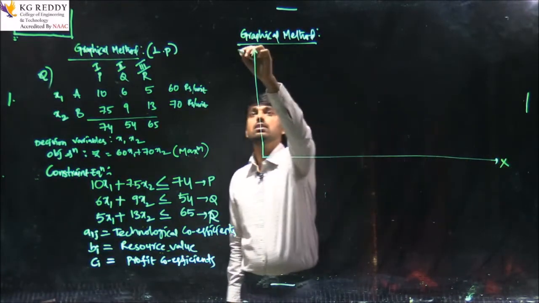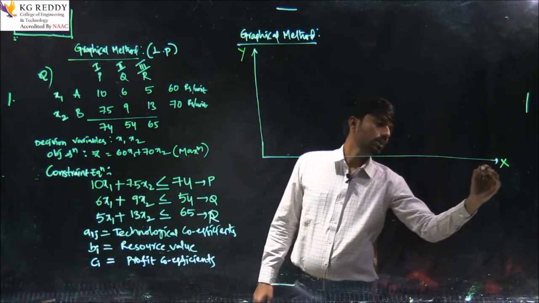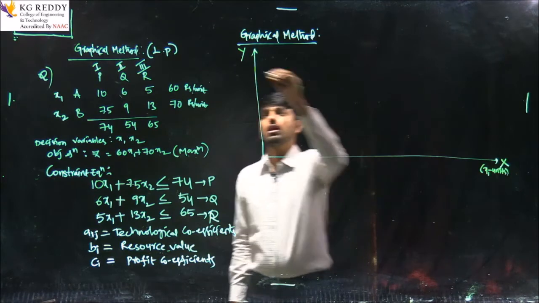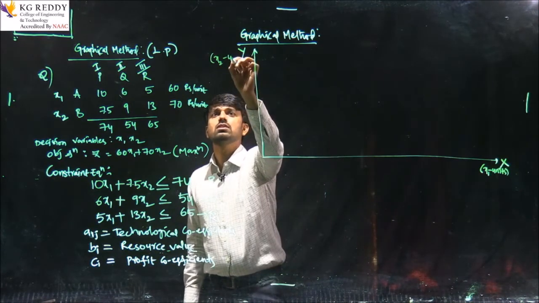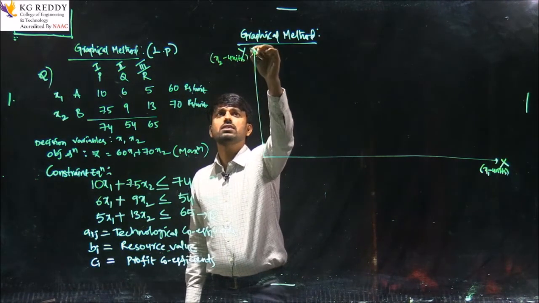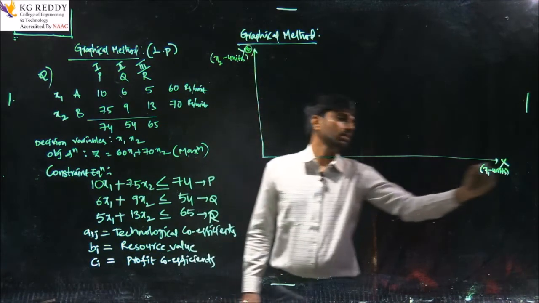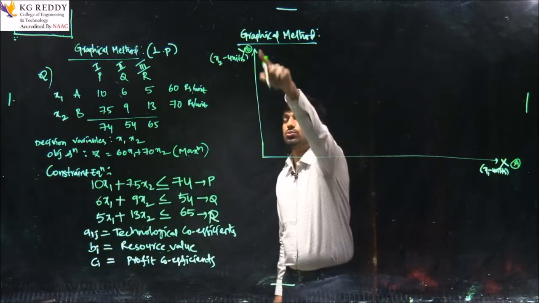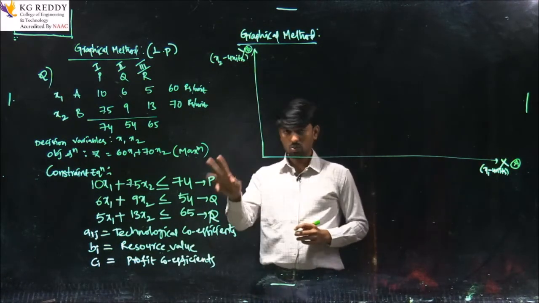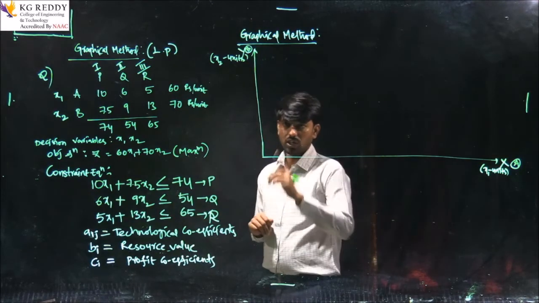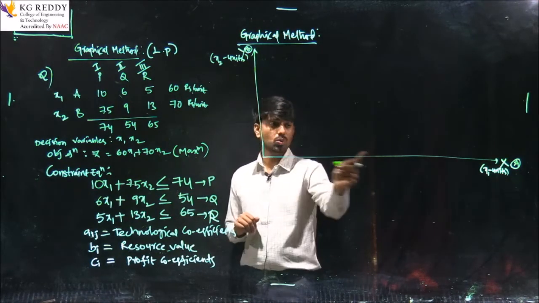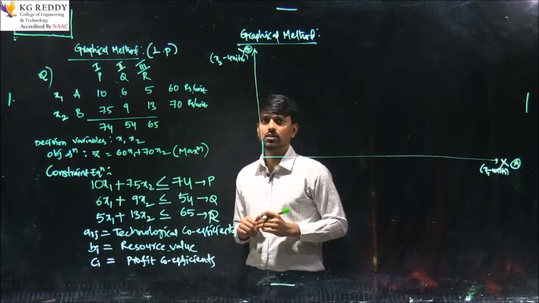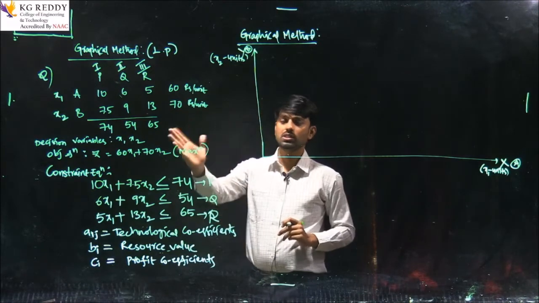This is the x-axis, this is the y-axis. On the x-axis I am taking x1 units, and on the y-axis I am taking x2 units. So the y-axis represents product B, the x-axis represents product A. Here, as there are only two decision variables, we are using a graph, because a graph has only two axes. That is why it is very easy to use the graphical method if there are two decision variables.